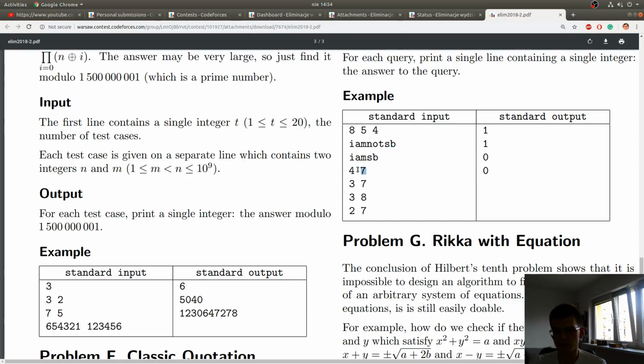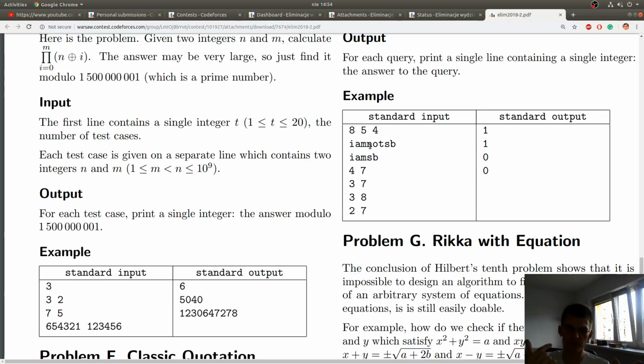So for query 4 7, there are 4 possible prefixes and 2 possible suffixes, so there are 8 possibilities. And for every possibility, we glue together the prefix and suffix that were alive. For example, maybe it will be IAM SB, or just AB, or ASB.